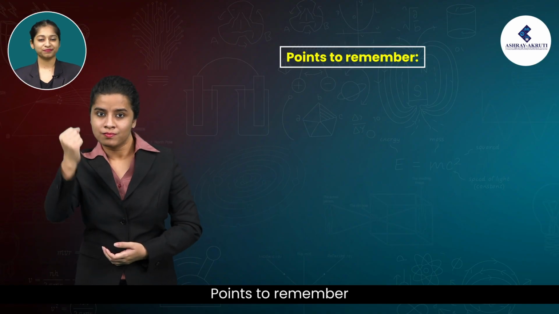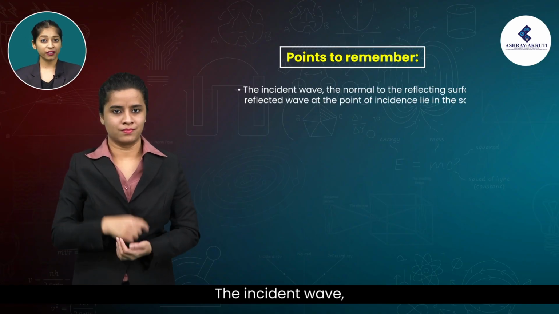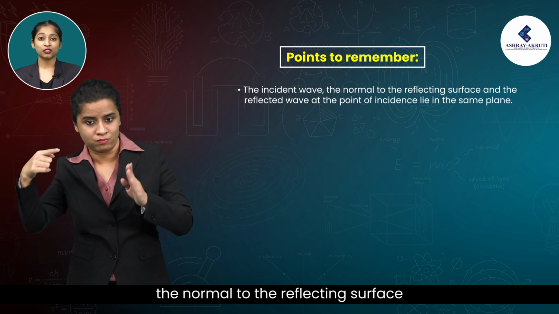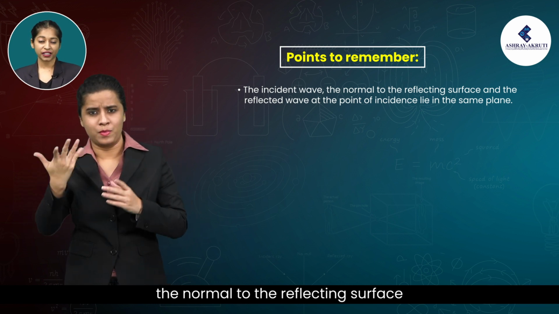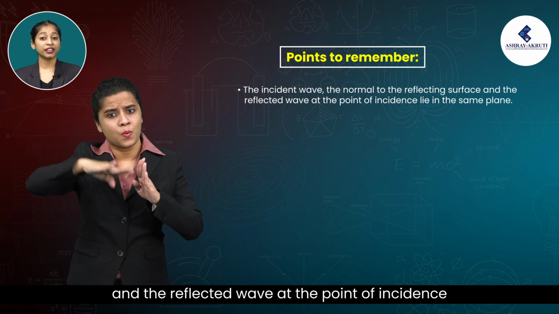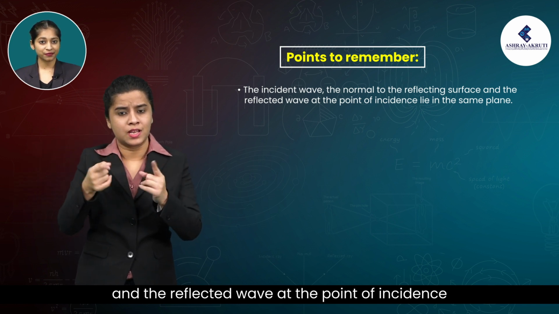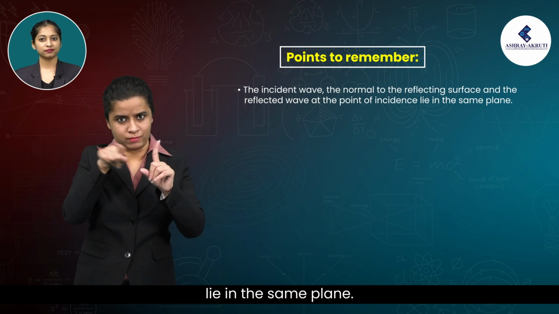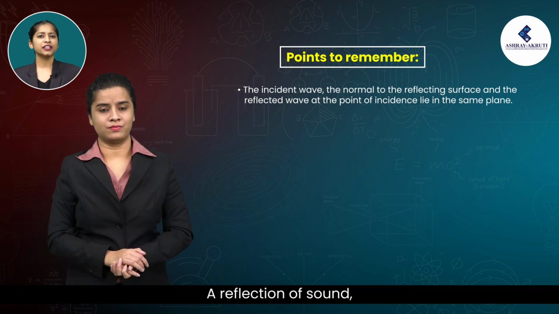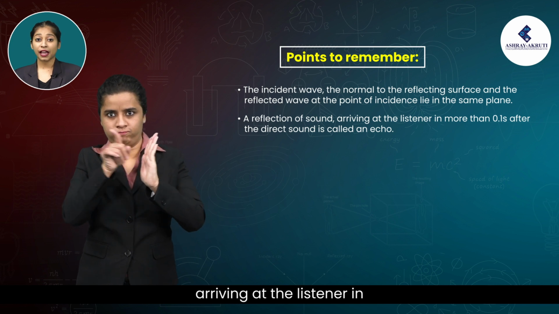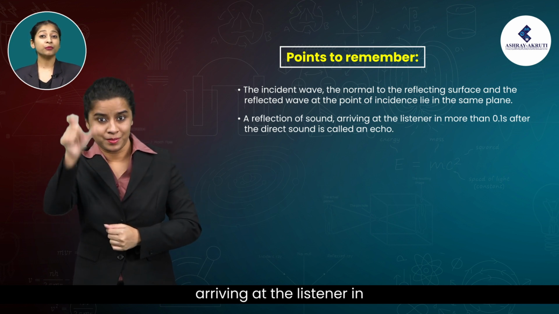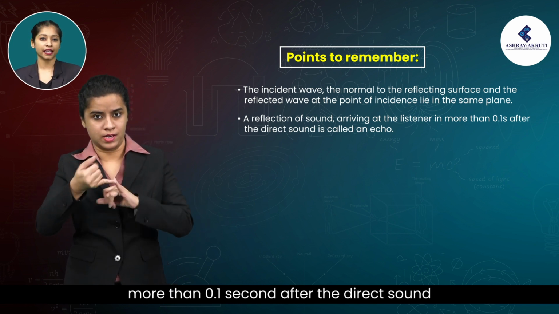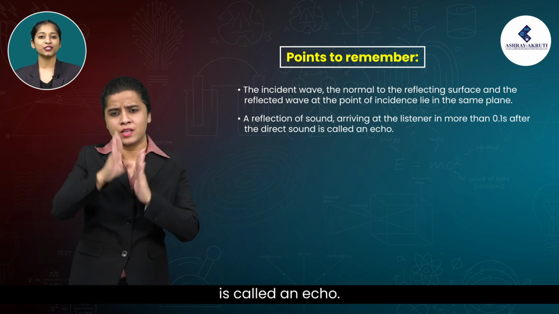Points to remember: the incident wave, the normal to the reflecting surface, and the reflected wave at the point of incidence lie in the same plane. A reflection of sound arriving at the listener in more than 0.1 second after the direct sound is called an echo.